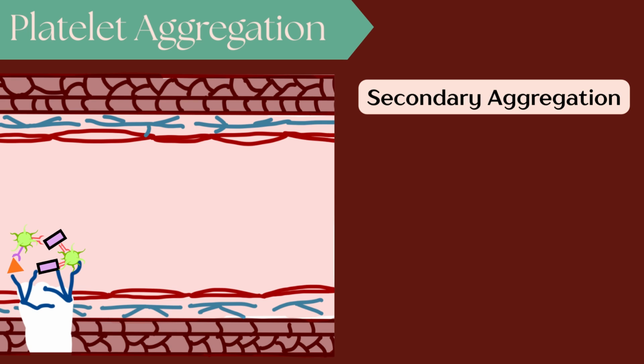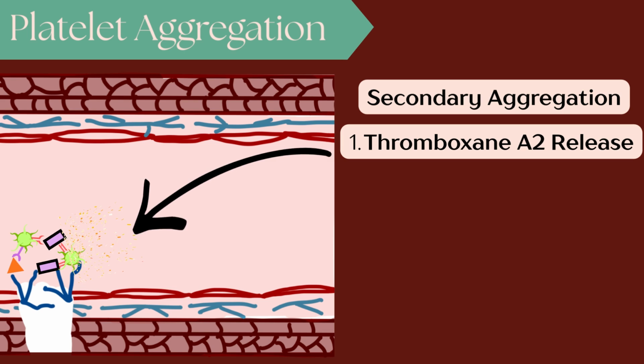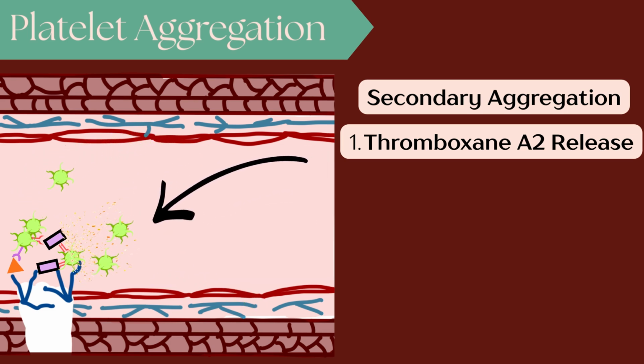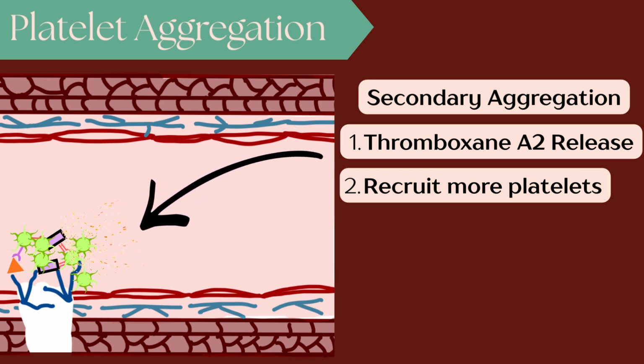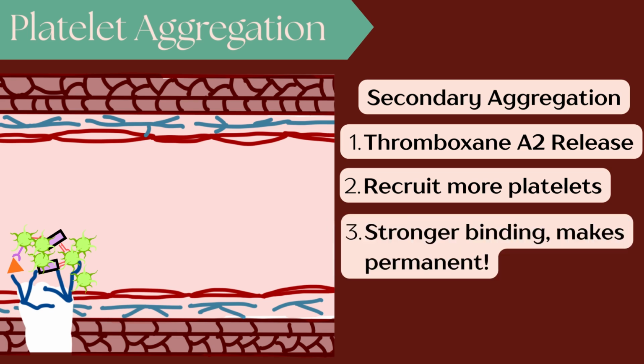We're going to start with another substance released from your activated platelet, called thromboxane A2. Thromboxane A2 is going to help recruit more platelets. It's going to help aggregate more and more and make that platelet plug a bit stronger. It's going to create a fibrin mesh over that wound.